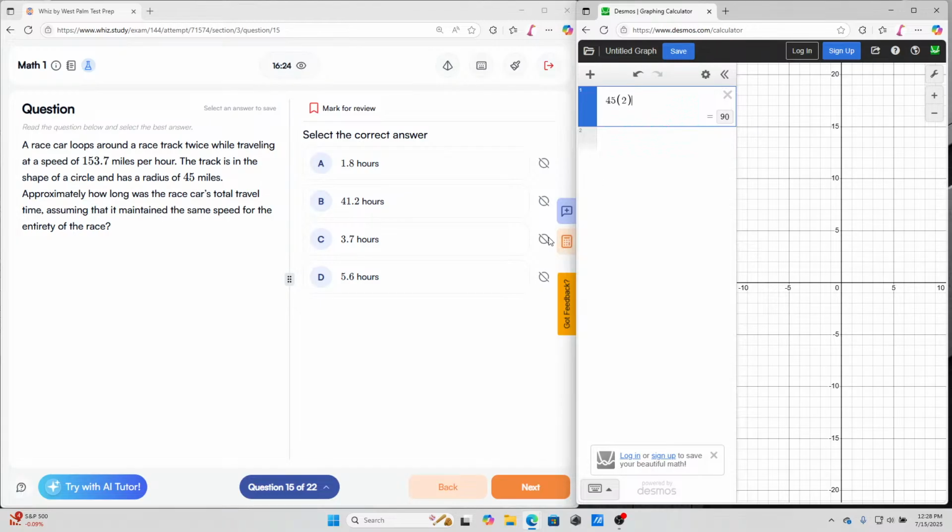So we're going 90 miles at 153 miles an hour. 90 miles over 153.7 is 0.58.